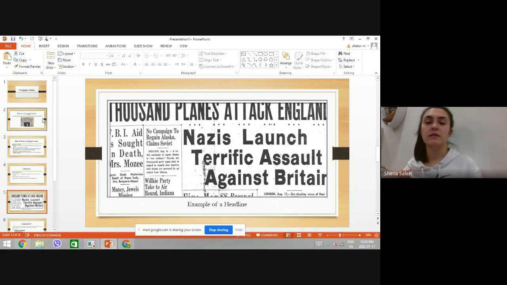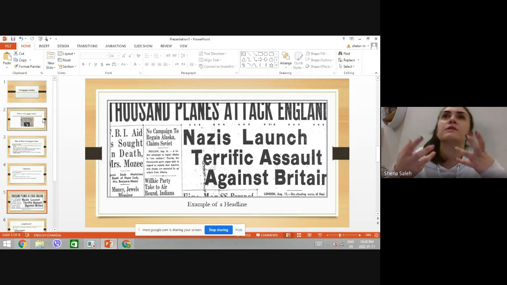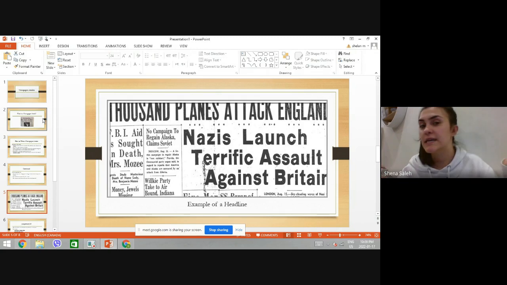The article persuades the person to think, oh my God, I need to know how the Nazis did that. They would read the newspaper article and be like, oh my God, this is so cool. How did it happen?